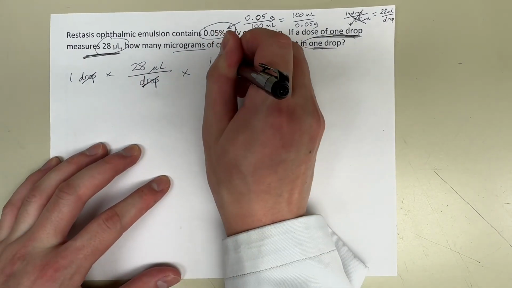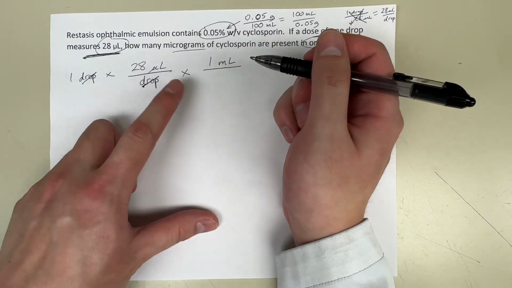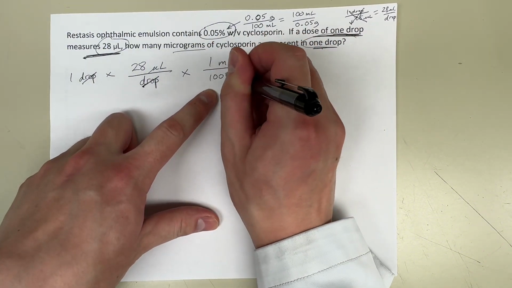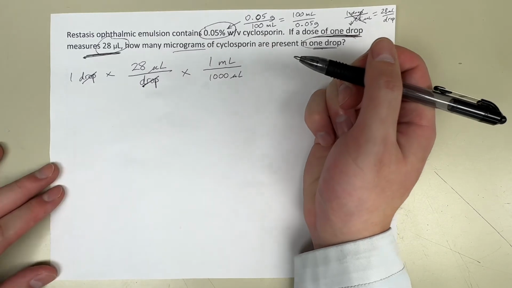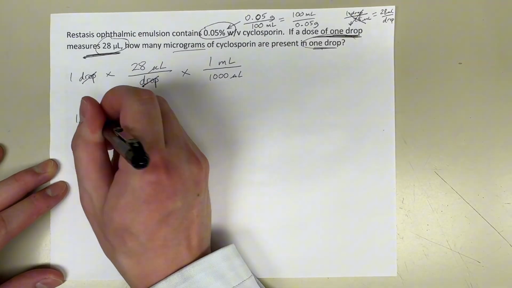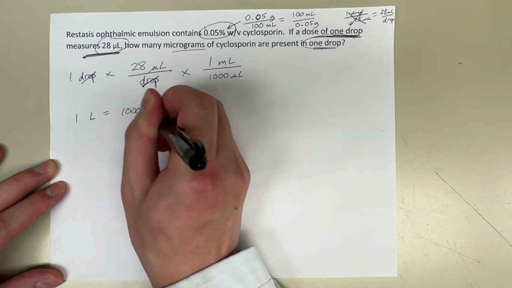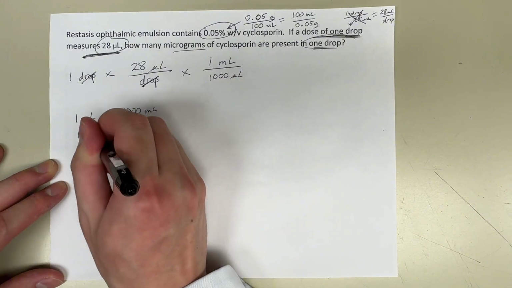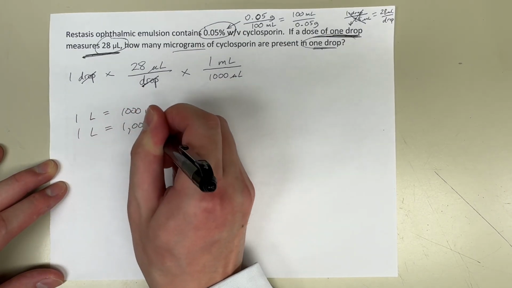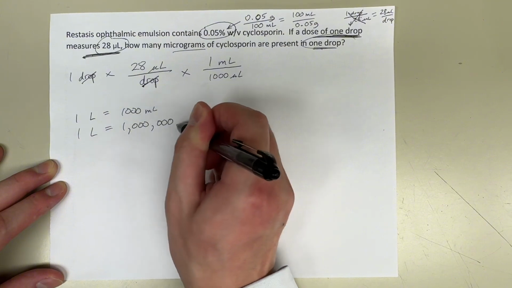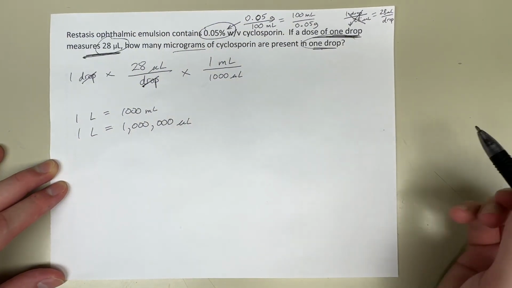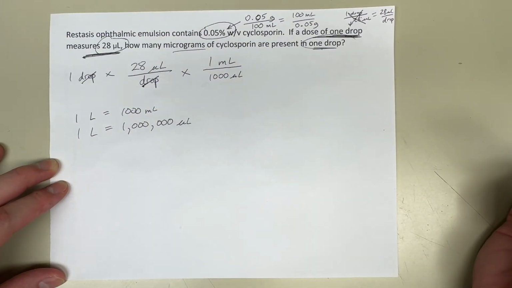So for every 1 milliliter, there are 1,000 microliters. That's just a conversion factor you need to know. Because remember, 1 liter equals 1,000 milliliters. 1 liter is also equal to 1 million microliters. And see, they're just 10 to the third apart from each other.